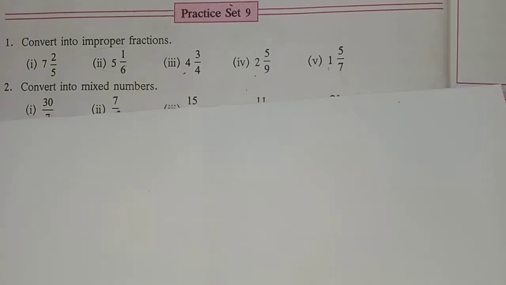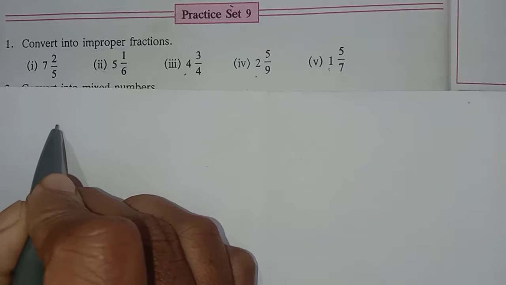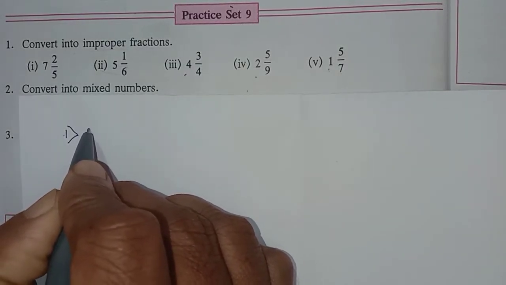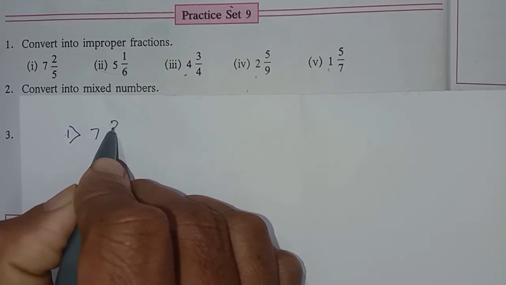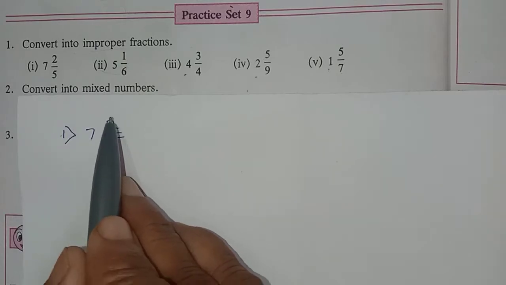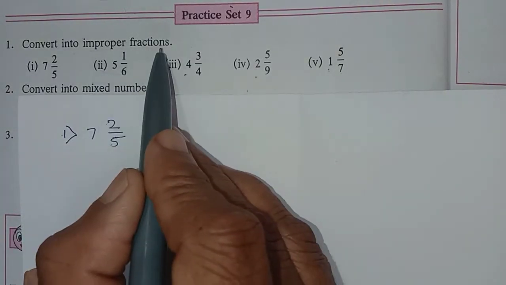So the first example is 7 integers 2 upon 5. We have to convert this mixed number 7 integers 2 upon 5 into an improper fraction.